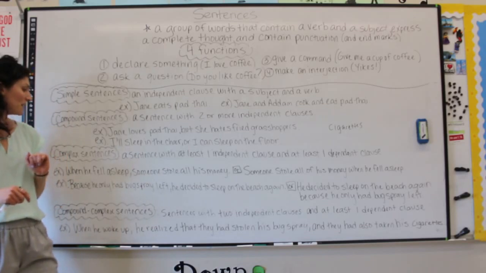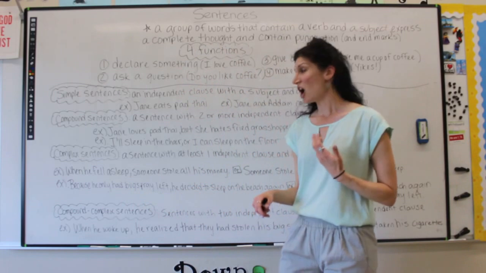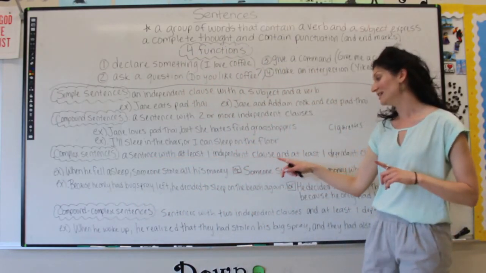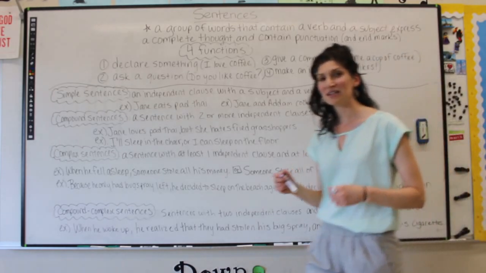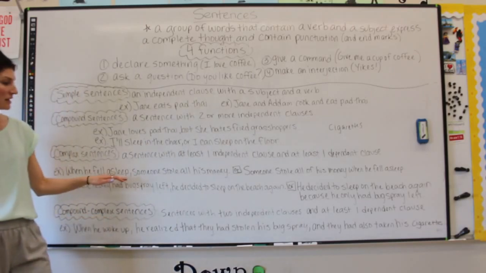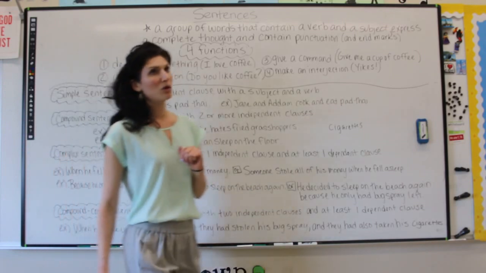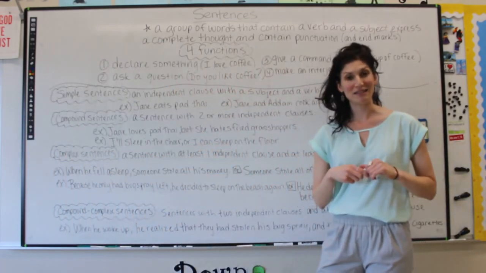Now let's take a look at complex sentences. A complex sentence is a sentence with at least one independent clause and at least one dependent clause. So let's take a look at a few examples. We have, when he fell asleep, someone stole all of his money. So if you look here, when he fell asleep would be our dependent clause.